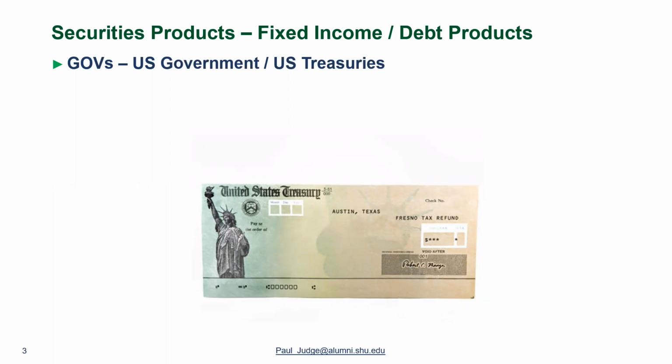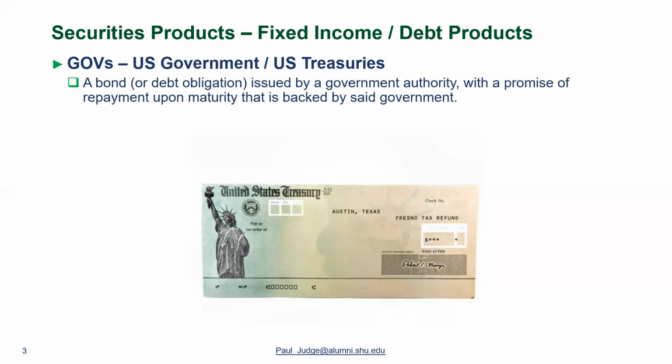So if you hear somebody talking about govs or govies or U.S. government or U.S. treasuries, all of those terms refer to fixed income products, debt products from the U.S. government, from the U.S. Treasury. They're all bonds or securities issued by the U.S. Treasury for the U.S. government, that basically gives the U.S. government the ability to raise money for the operation of the U.S. government.